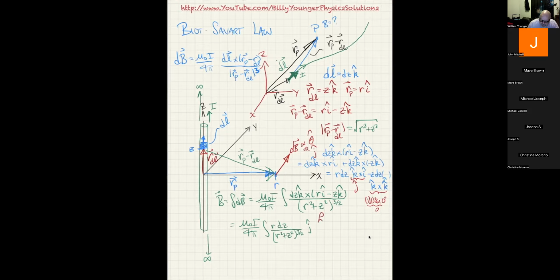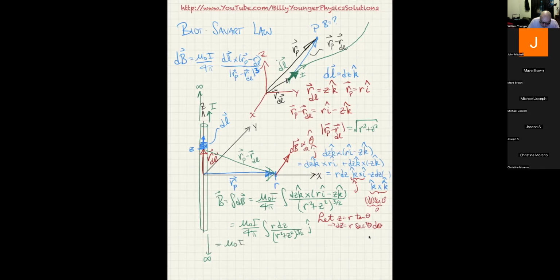So I'm going to say let z equal r tangent theta, then dz would equal r secant squared theta d theta. Okay. So when I do that, I'm going to get mu 0.